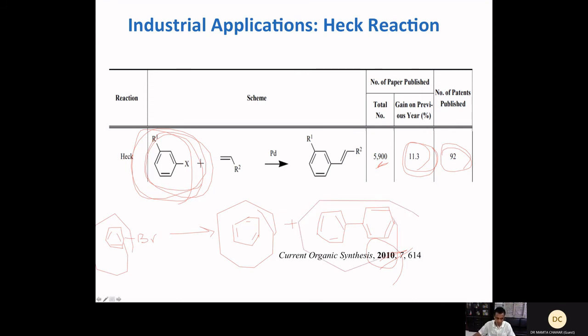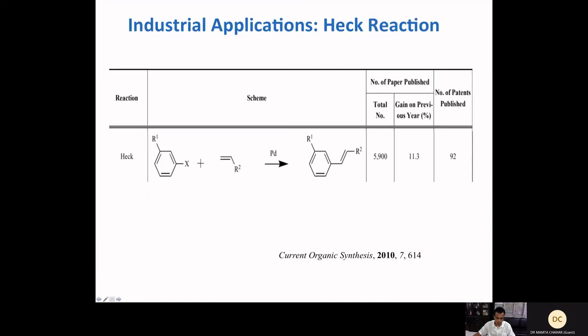Of course, this is one type of problem. Another problem could be, if your main reaction is not working, this olefin can also homocouple to give you a conjugated diene like this, right? I think that could also be not so great or exciting.